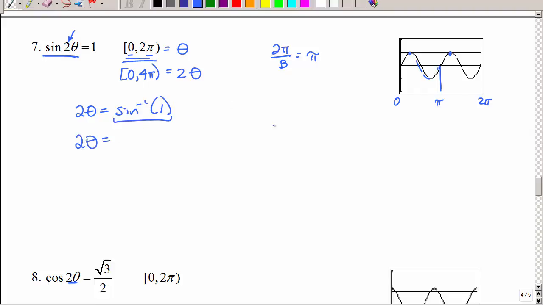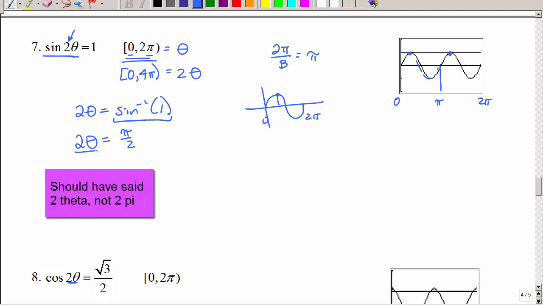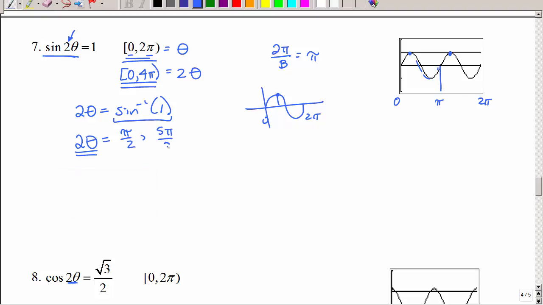When is the sine equal to 1? Look at our graph. Between 0 and 2 pi, it's equal to 1 at pi over 2, but this is 2 pi. So I need to go around the circle again, and I would get 5 pi over 2.